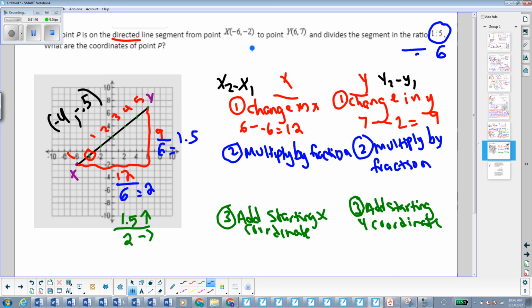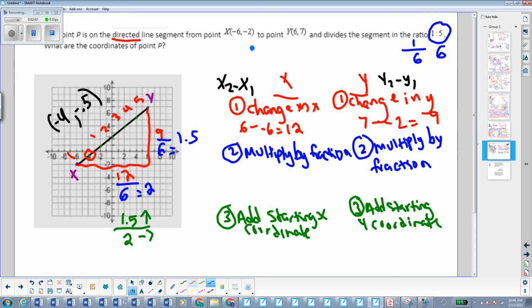So when we make our fraction, we want to put 6 as our denominator because there are 6 parts in total in a 1:5 ratio. And on the top, we're going to put the part of the ratio closer to the start point, which is 1. So the fraction that we're going to be multiplying by is 1/6 in order to correctly divide up the line segment into the 6 parts that we need for this ratio.